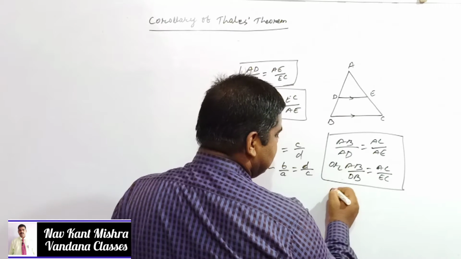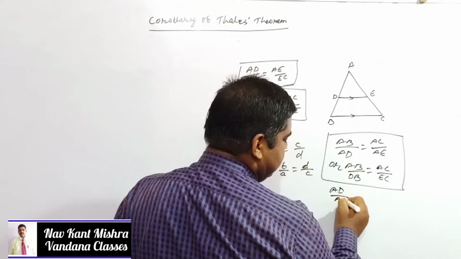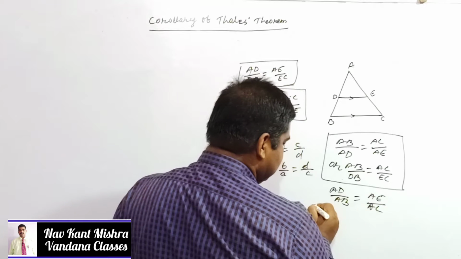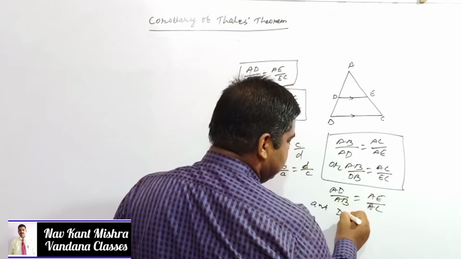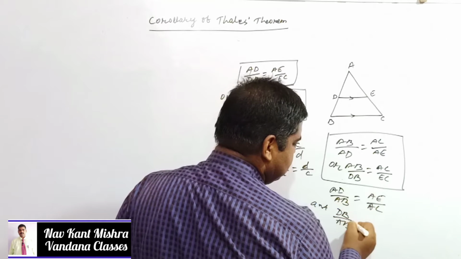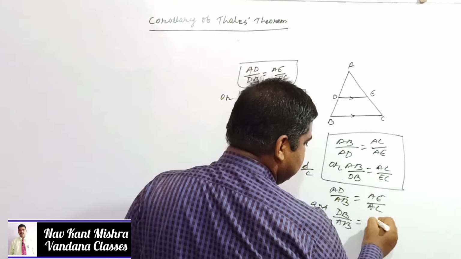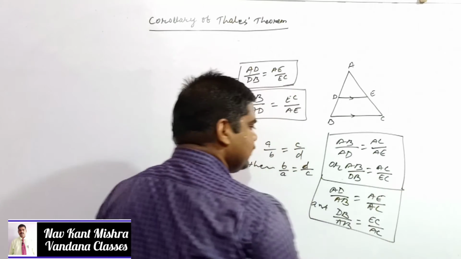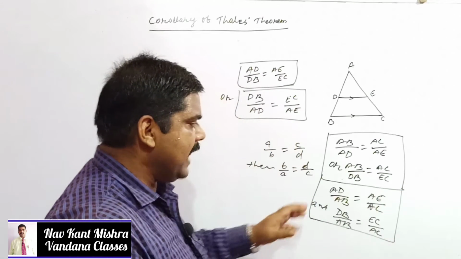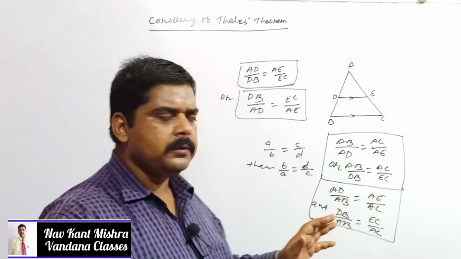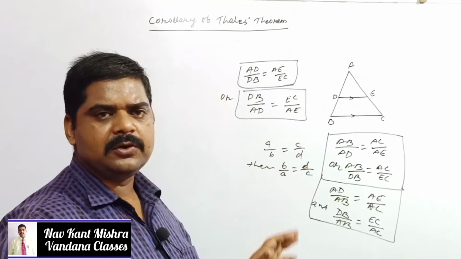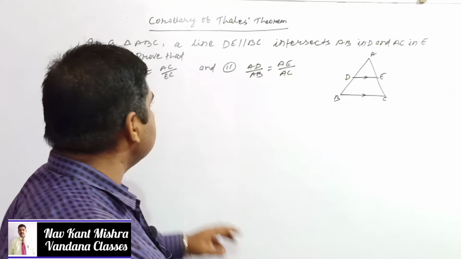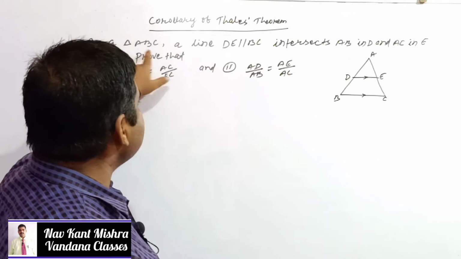Its reciprocal can also be proved. That means AD upon AB is equal to AE upon AC, and DB upon AB is equal to EC upon AC. These are the corollaries that you have to prove with the help of Thales theorem. I have written the corollary in a triangle ABC.